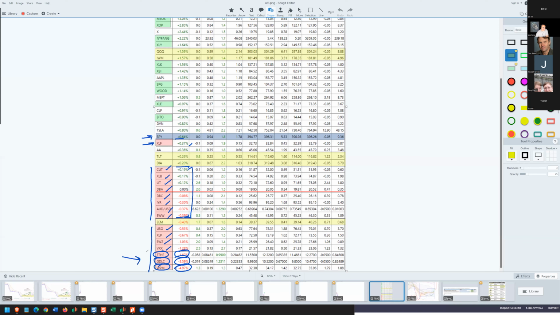So some trouble in here. These are much more defensive plays, which means we would expect growth to do pretty well. The only target we had that was under the S&P today was Alcoa, which was up 0.36.